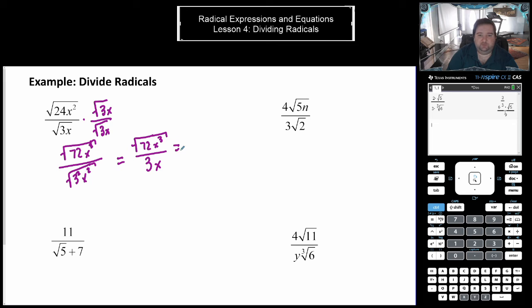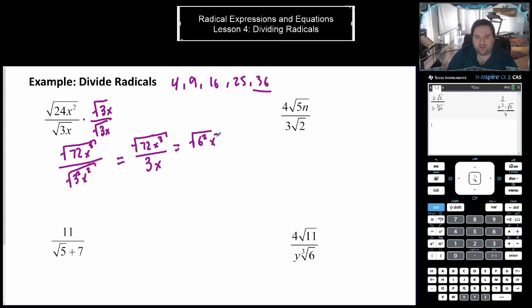Let's look at the top. We can definitely work with this. Okay? Let's look at our numbers. 2 squared is 4, 9, 16, 25, 36. That's the one I wanted. 36 into 72. So we're going to do 36 is 6 squared.